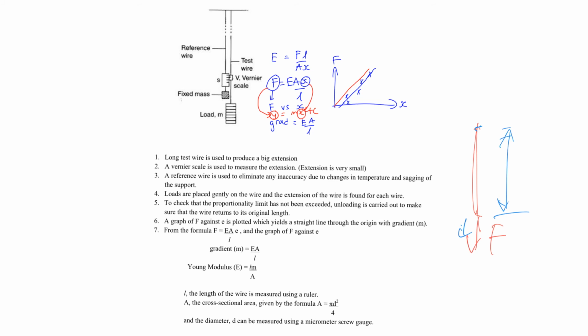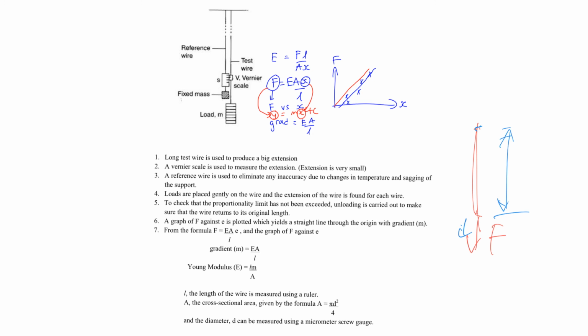Now, the reason is there's another function of the reference wire besides using it to hold the main scale. When there's a fluctuation in temperature, the length of this test wire will also fluctuate. For example, if it gets hotter, it will get longer. But if we are only using a meter rule, which is, let's say, made of wood, then when there's an increase in temperature, the wooden meter rule and the test wire would not extend by the same amount.